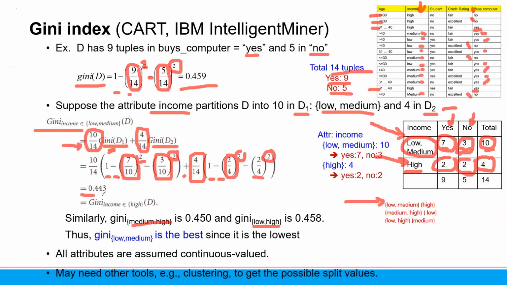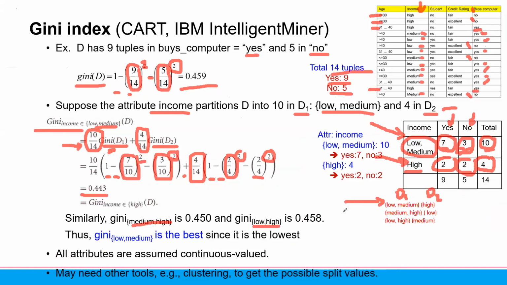So we will get the value 0.443. This is when we have the low and medium for the D1 and high for the D2.